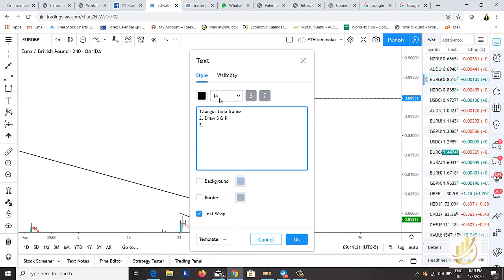Third, trend lines. Fourth, Fibonacci levels to see retracements. Fifth, if you want to use any indicator. Sixth, price action, the most important one.